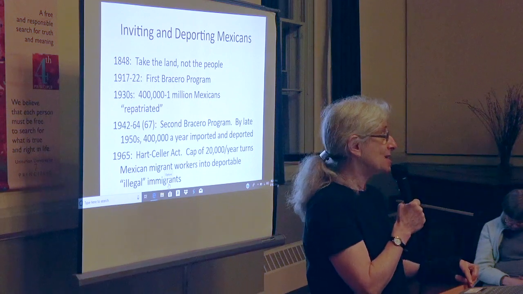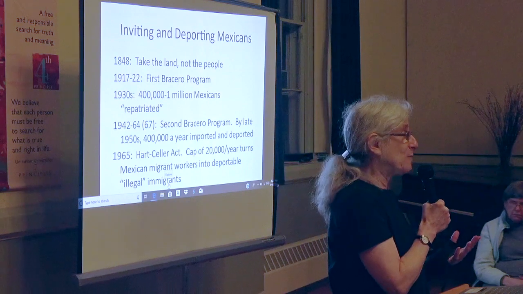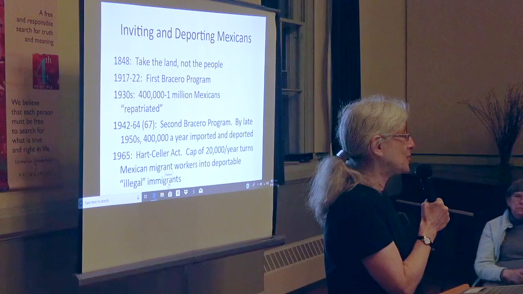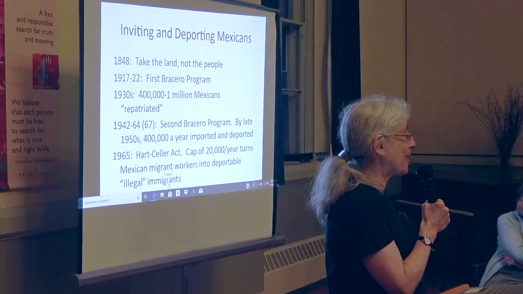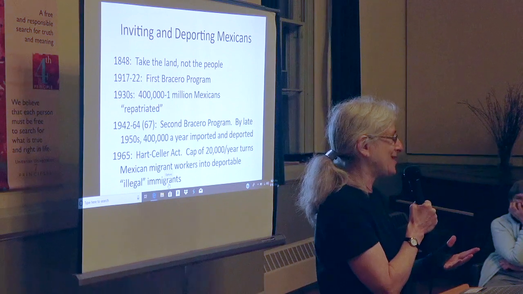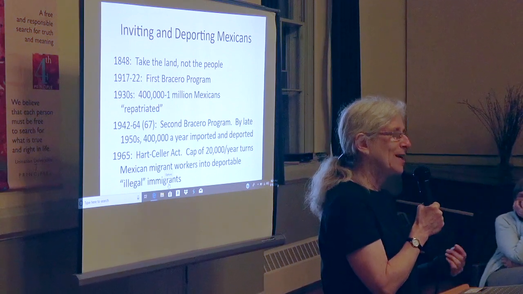What it means is that all of those taxes are deducted from your paycheck, but you're not eligible for any of the services because you're not really the person whose name is on the social security card. It's a false number.